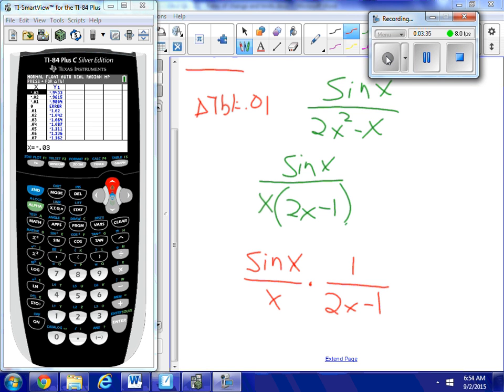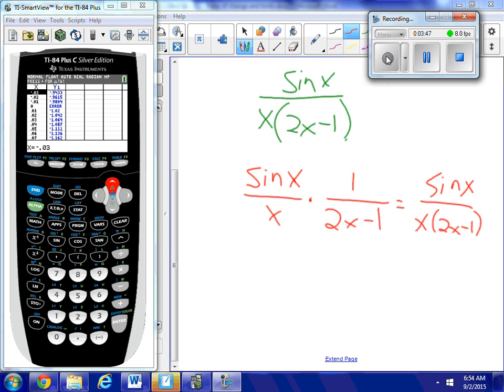If I multiplied that straight across, I would get my sine x over x times 2x minus 1. So this is legit. And if you remember from class, this expression right here, we proved this. This is equal to 1. We can go back and do that another time, but you can look at it.